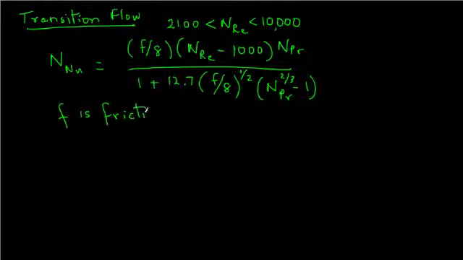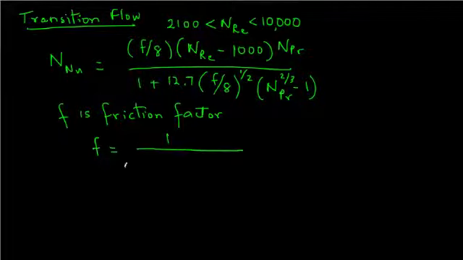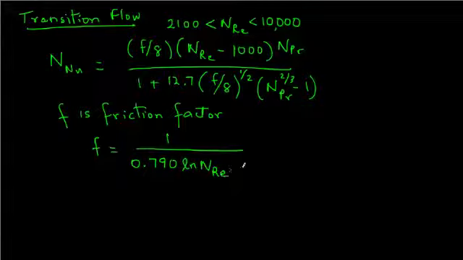Now you will recall that previously when you studied fluid flow, you would have studied friction factor, and friction factor is obtained for smooth pipes. The formula is f equals 1 over 0.790 natural log of Reynolds number minus 1.64, and the entire quantity is squared.